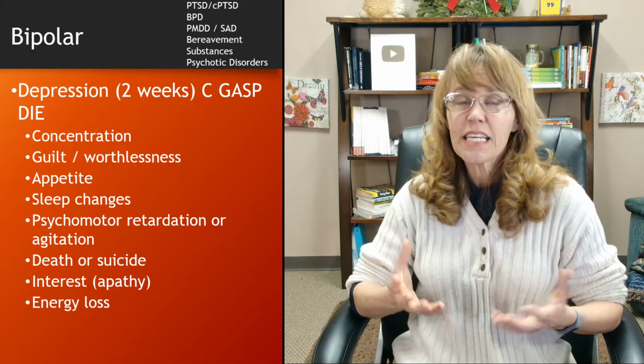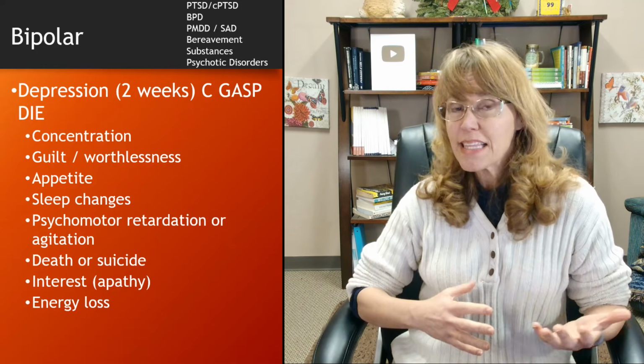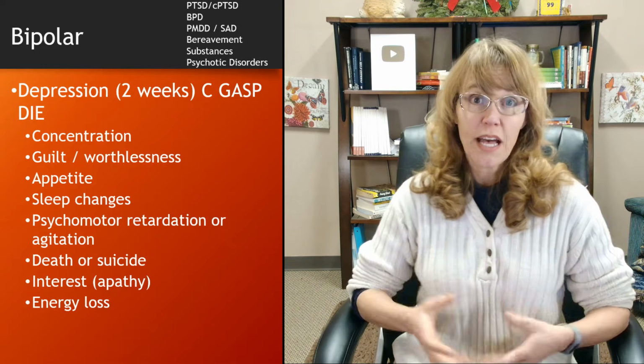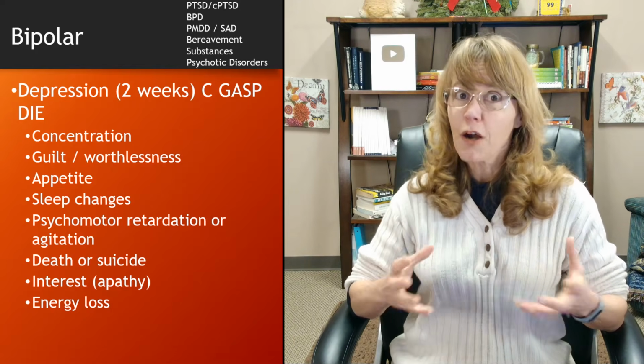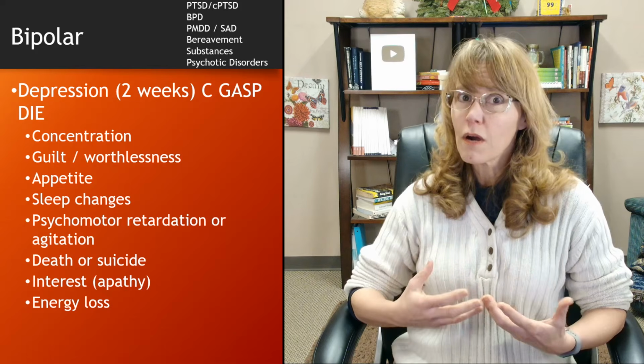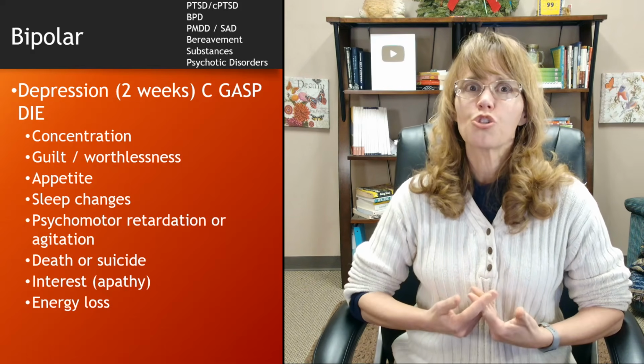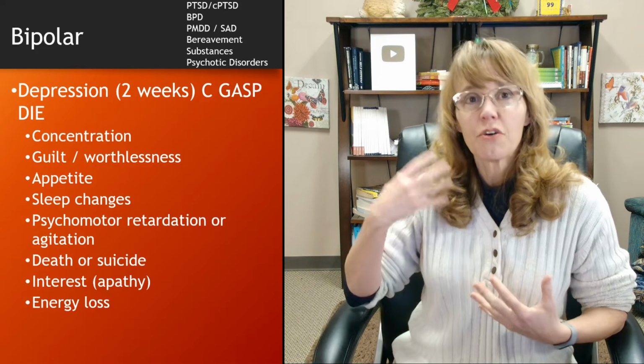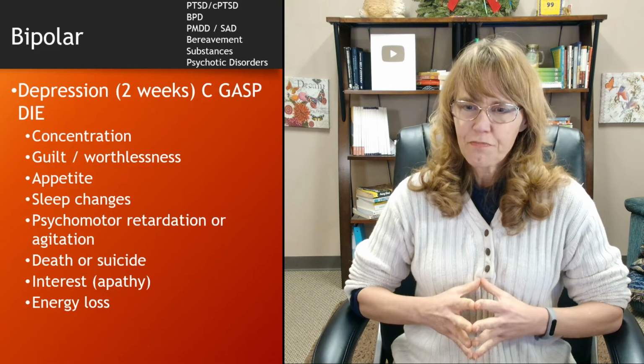People with PTSD or CPTSD may think about death or suicide, either because that is part of the trauma they experienced, maybe they saw somebody die, or because their symptoms are so intolerable that those thoughts may come to them.